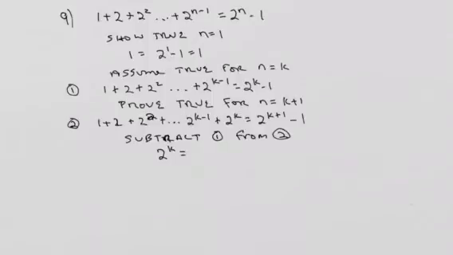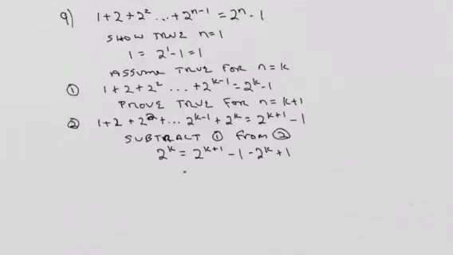And on the right side, I'm going to have 2 to the k plus 1 power minus 1, and then I'm going to do this subtraction carefully, minus 2 to the k and minus negative 1, which is plus 1.